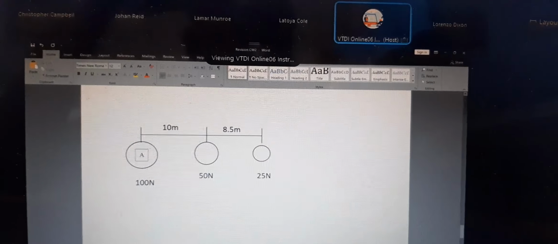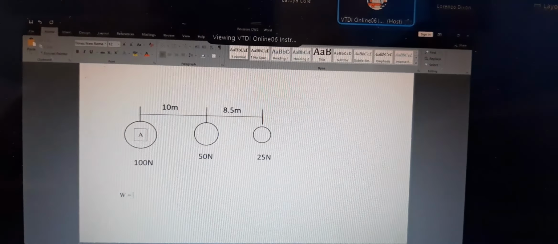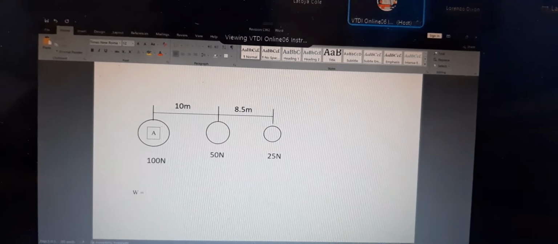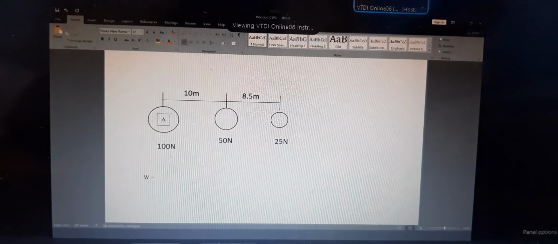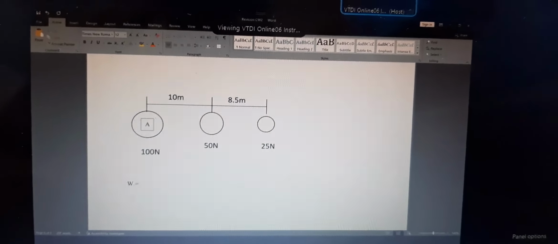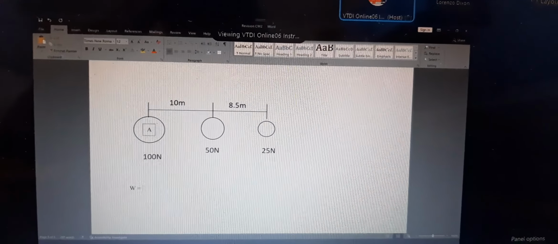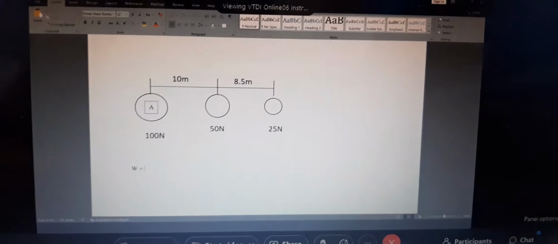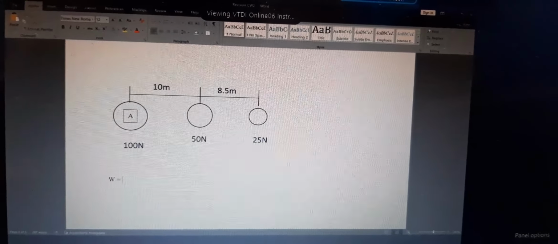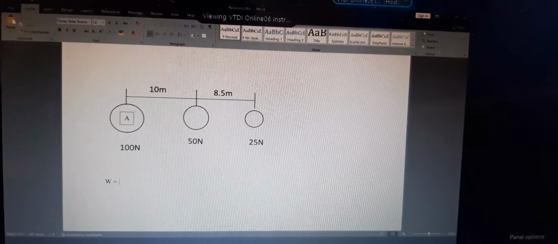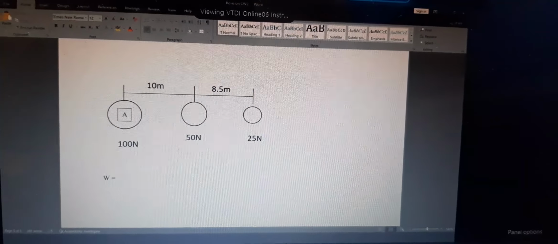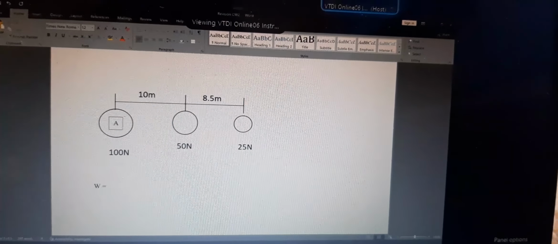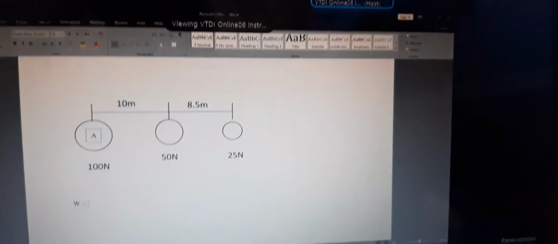Now, first thing you have to do is find the weight, which is the load. And you will do that by adding all the loads given. Sometimes the loads are not given in the same unit, and you will have to convert some of them. So I could tell you 100 Newton, 50 Newton, and then just say 25 kilonewton. You would convert from the kilonewton to the Newton, or you'd have to convert everything to kilonewton, but you have to work with like units.